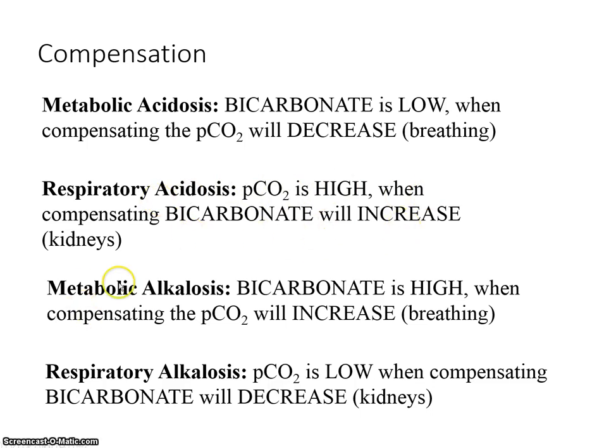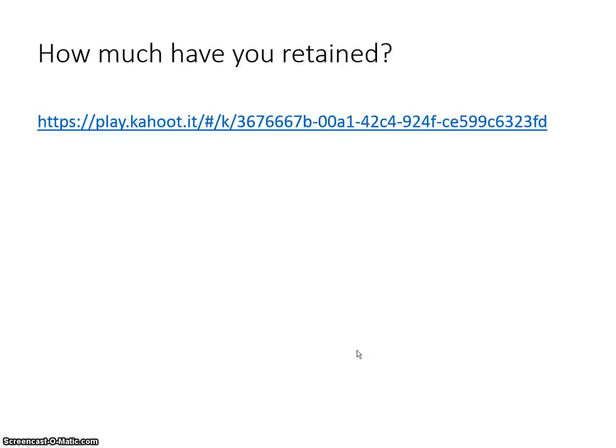In metabolic alkalosis, bicarbonate is high, too much base, and when compensating, the CO2 will increase. In respiratory alkalosis, the CO2 is low, and when compensating, bicarbonate will decrease in the blood, in the body. All right, so that really sums up what we need to know.